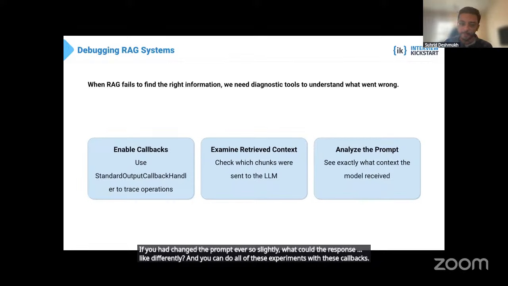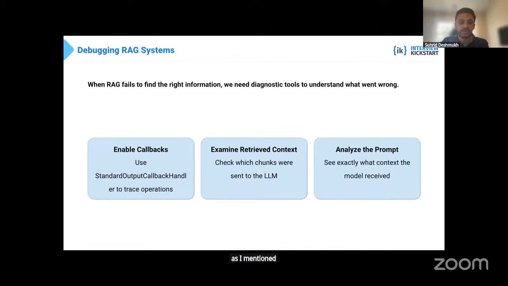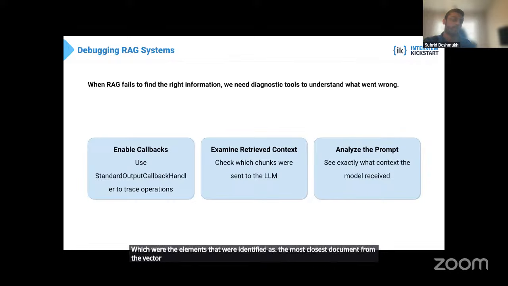As I mentioned, it lets you examine the output and the retrieved chunks. So when you passed your input into the LLM and it went to the vector DB, which were the elements that were identified as the closest documents from the vector DB? So does the problem lie in initialization of the LLM?